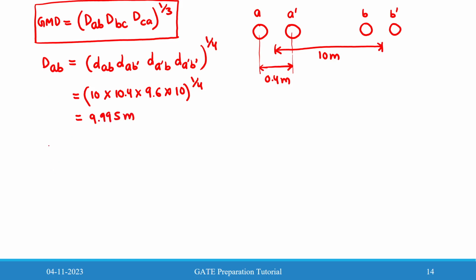Since B and C phase conductors are also similar to DAB, DBC is equal to DAB, that is 9.995 meter.